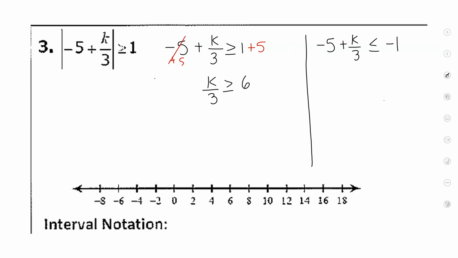This says k divided by 3. The opposite of that is to multiply both sides by 3. So my answer is k is greater than or equal to 18. So that is my first case.